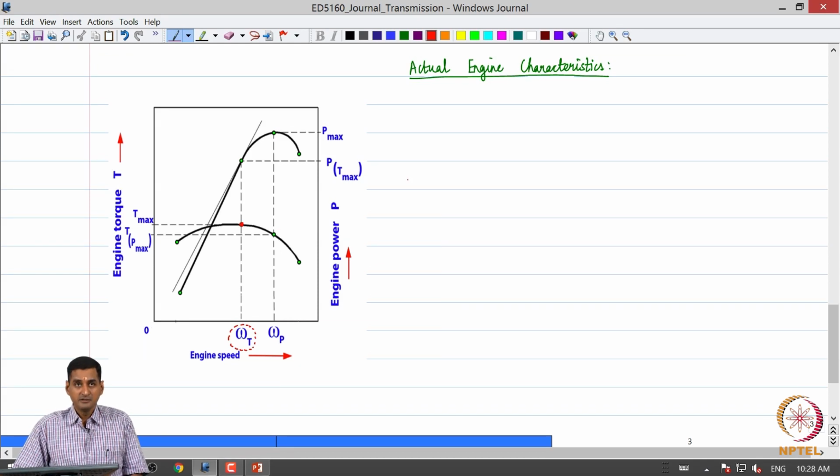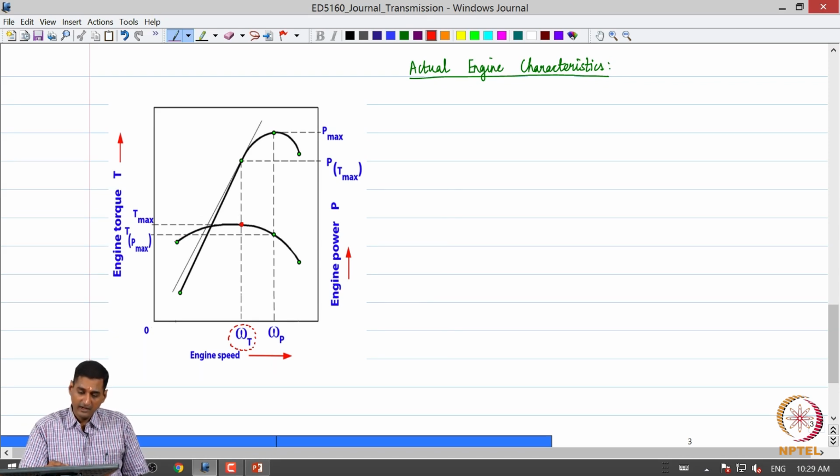So you can immediately see that the engine torque output increases with speed, reaches a maximum and then starts falling.